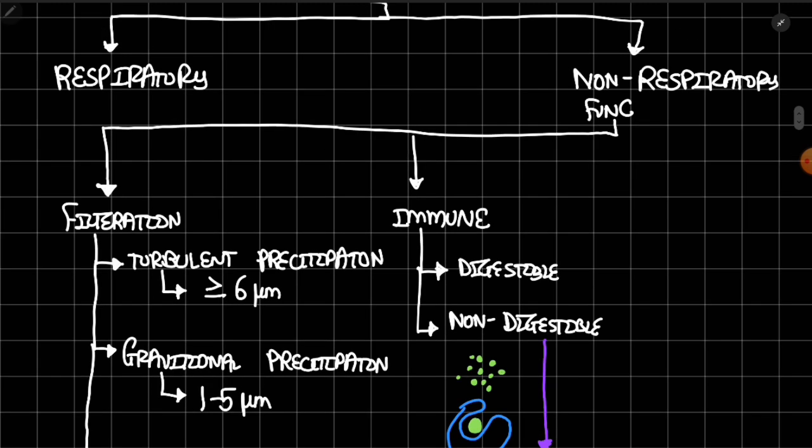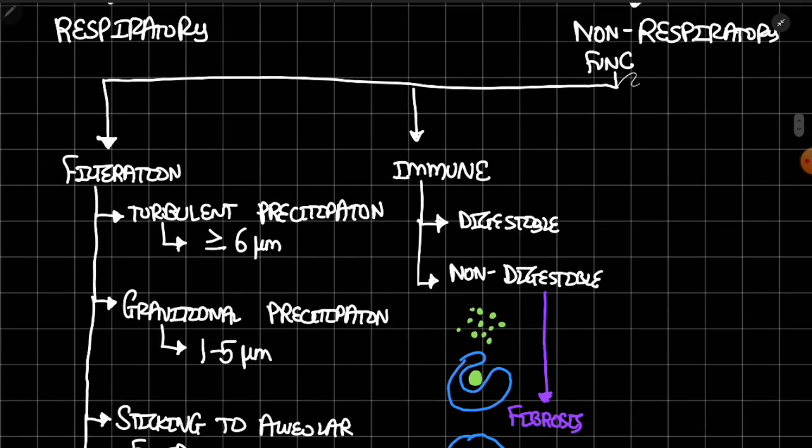Now, one non-respiratory function which is one of the most important functions, and you may pretty well know this, is metabolism. So what is metabolism? Metabolism is formation or breakdown.